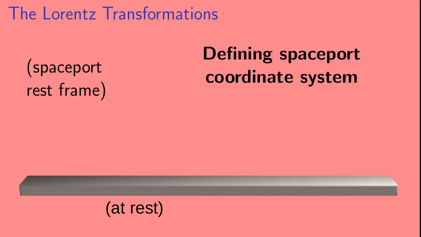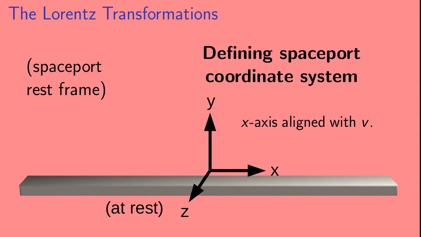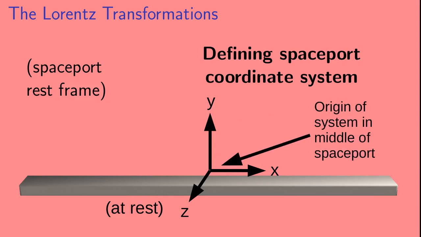Let's see how observers stationed on the spaceport would define a coordinate system. Observers stationed on the spaceport define a set of coordinate axes with coordinates x, y, and z. The x-axis is aligned with the direction the spaceship will be traveling. They put the origin of the coordinate axes, so the point where x, y, and z equals 0, in the center of the spaceport.